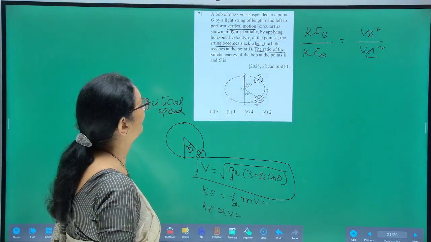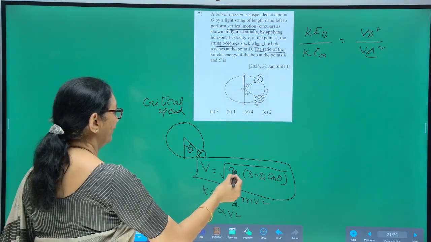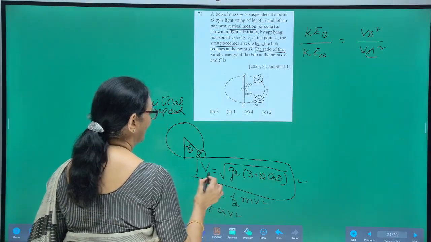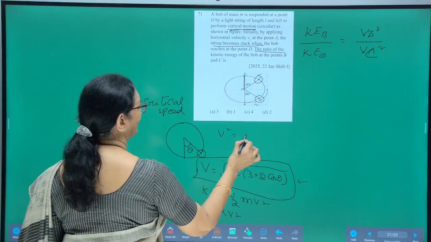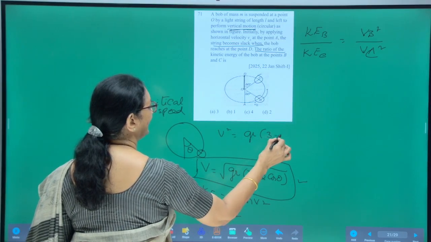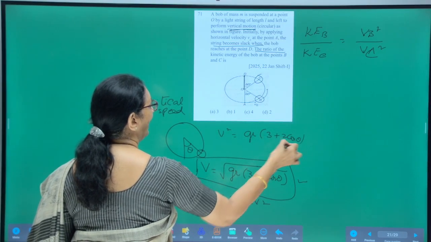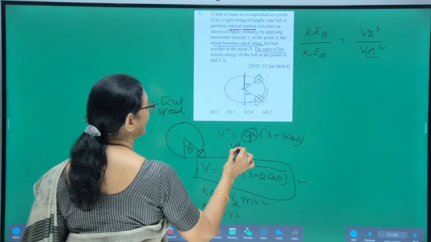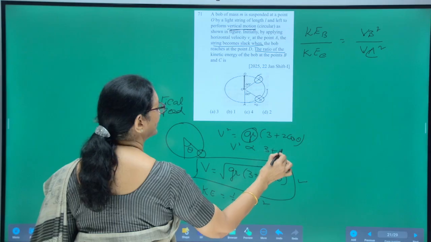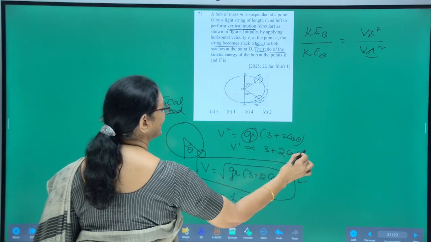From this expression, V square is equal to gR into (3 plus 2 cos theta). As gR is constant, V square is proportional to 3 plus 2 cos theta.